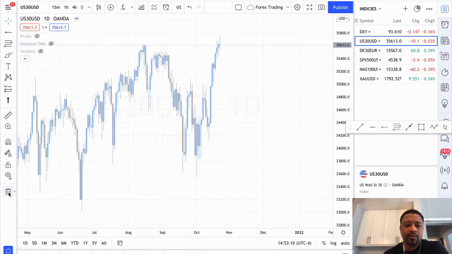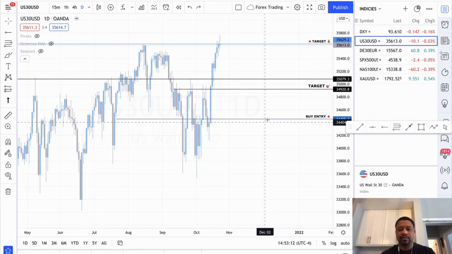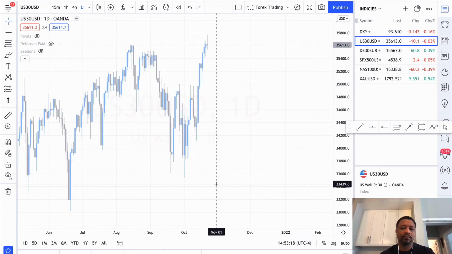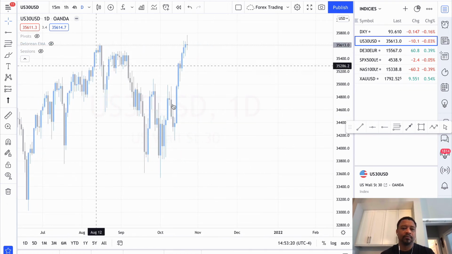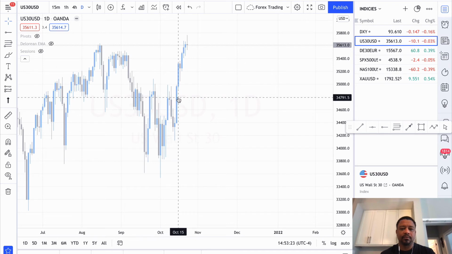US30 hit my targets as well. If you look, this was the buy we called. This was the first target. This was the second target. So this area was the breakout area.